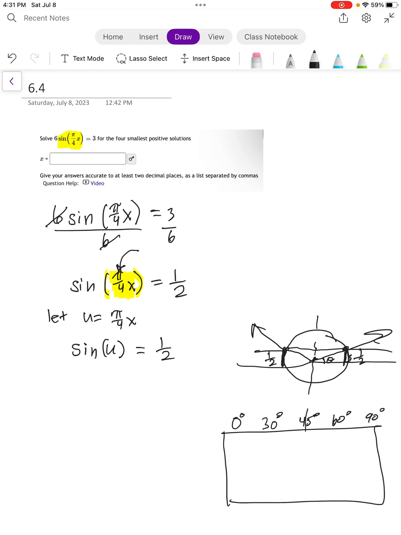We should have all of them memorized for sine and for cosine of the angle. This actually is not as bad as it looks.